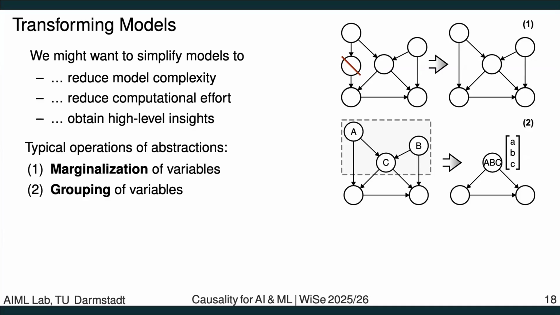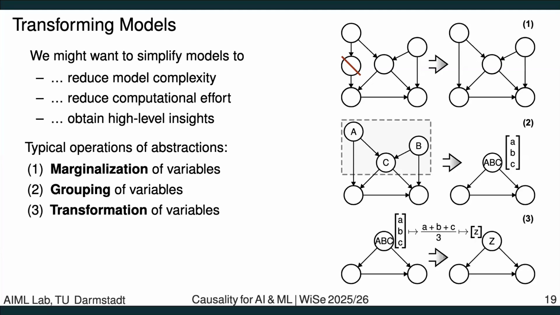And here the problem is, and we will see this later, that we just have this vector of variables, but we don't know anything about the causal relations within this variable. So we lose structural information by doing so.